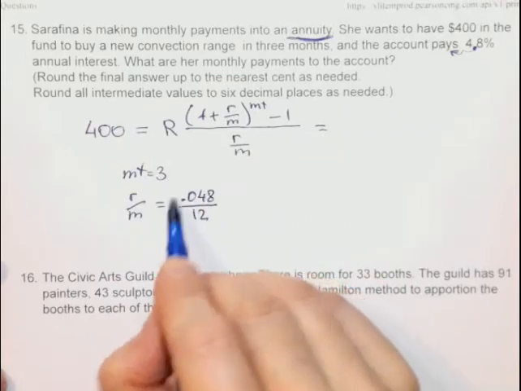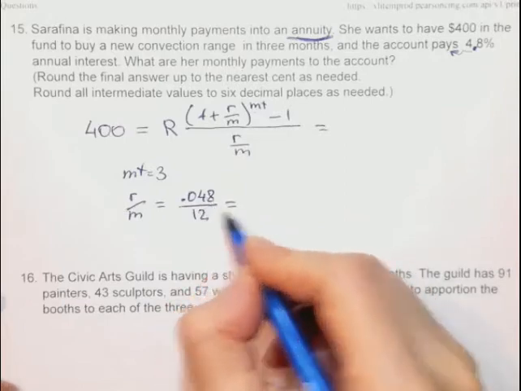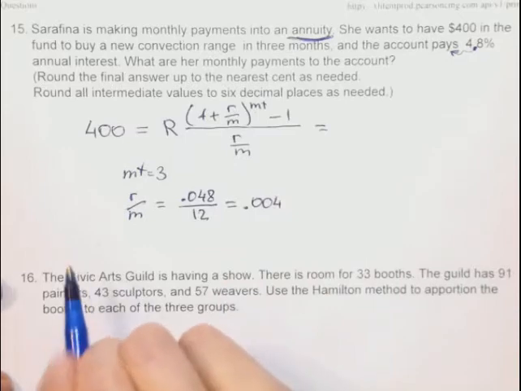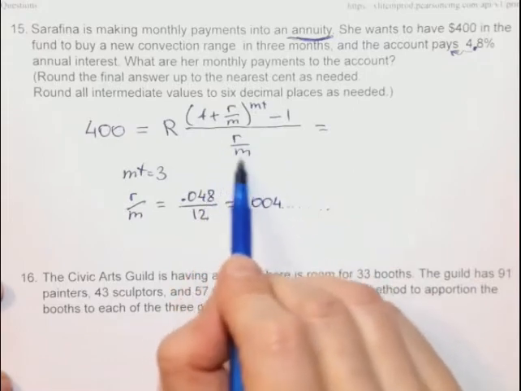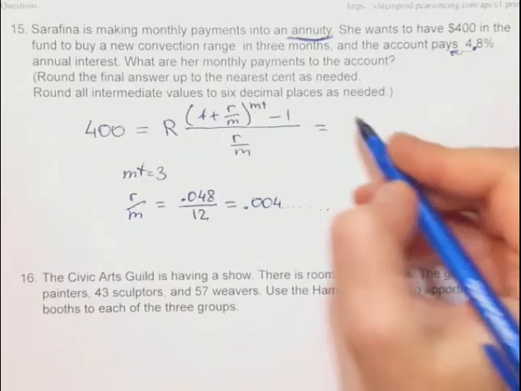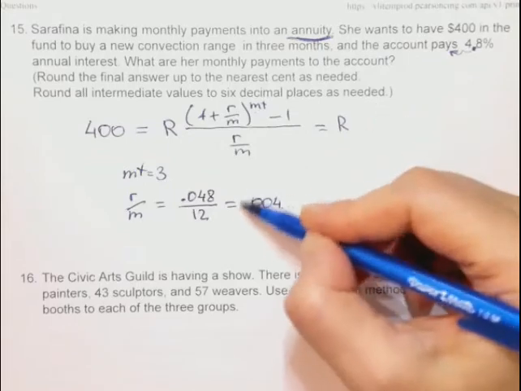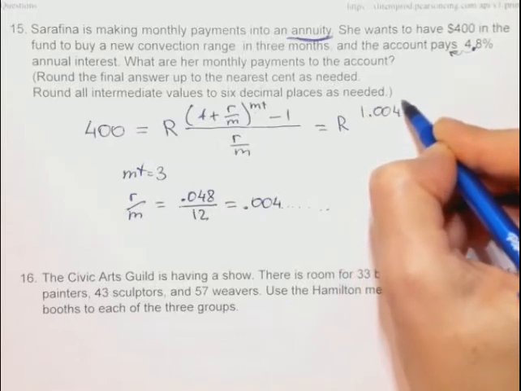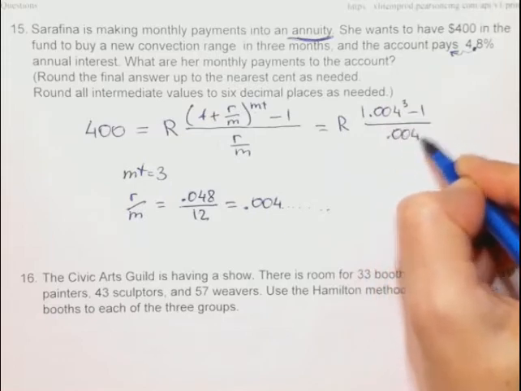So this time we have again the situation that this is an exact number, 0.004. When you have an approximation, be careful to take more digits here, especially since this number occurs in the denominator. So let us substitute: R times 1 plus 0.004 raised to the power 3 minus 1, divided by 0.004.